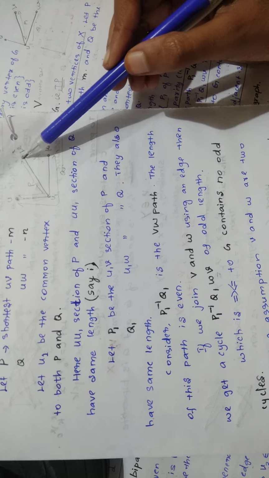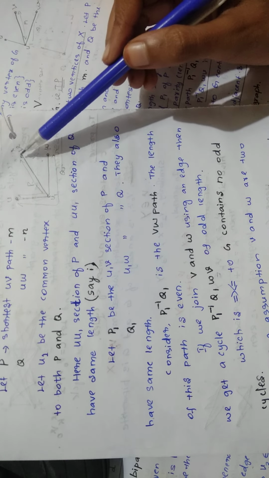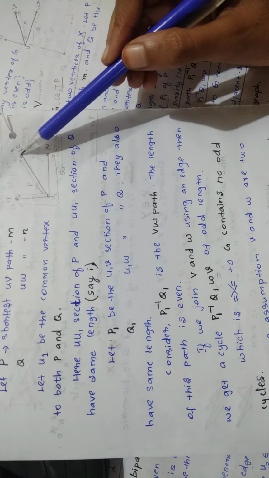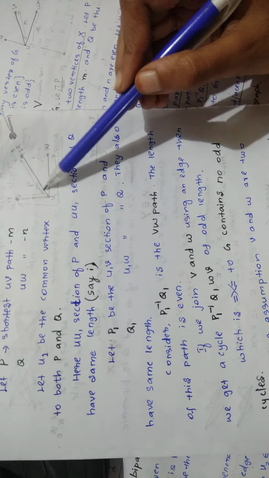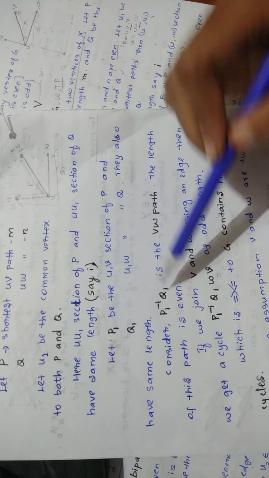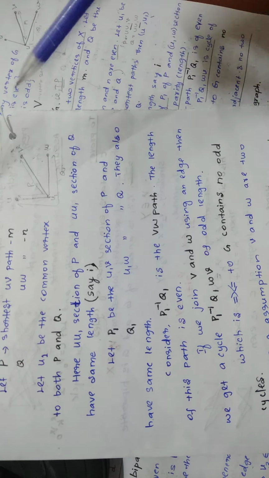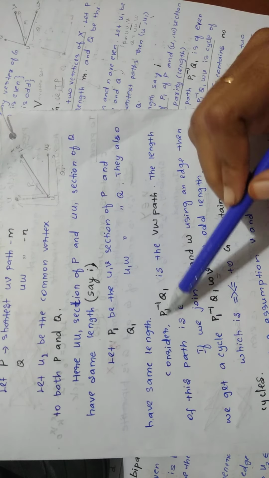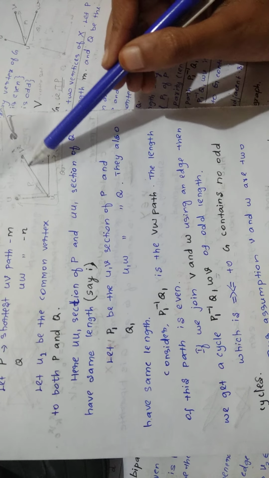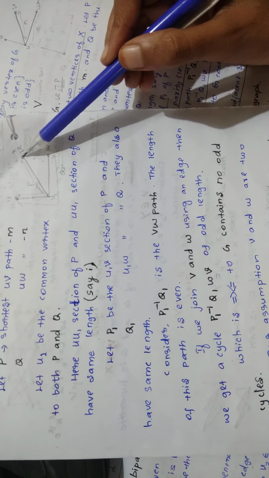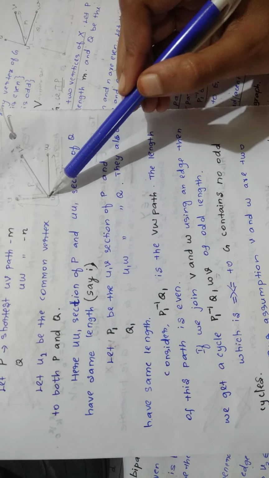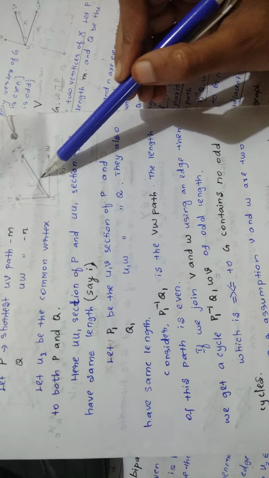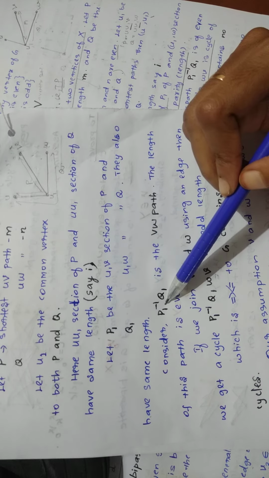So in this line, you are talking about V to U1, which means you are working in reverse. So P1 is written as P1 inverse. I hope you understood why you are writing inverse here, because you are working in a reverse manner. From V to U1 you are going, so that is why P1 is denoted as P1 inverse here.